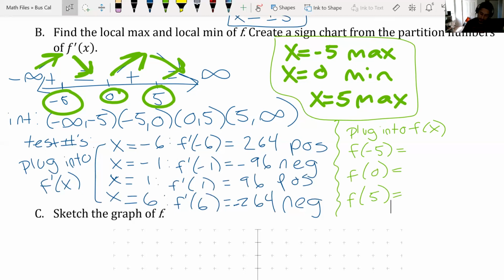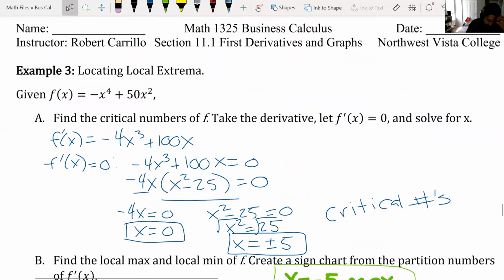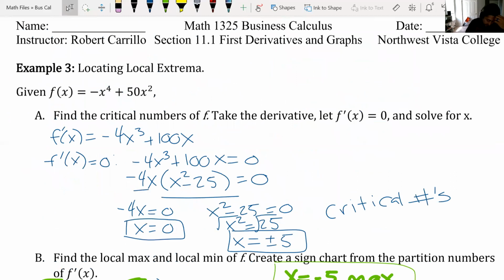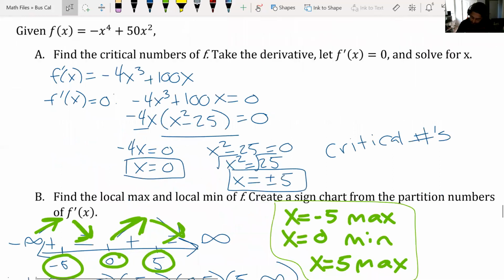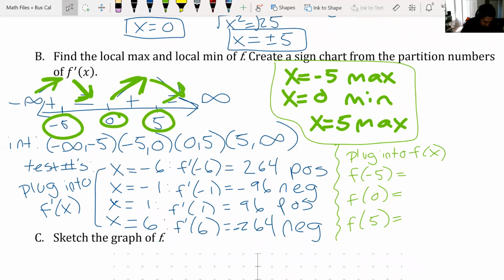Now I'm going back up to see the original function. I'm typing all this in my calculator: -x to the 4th plus 50x squared. Enter, enter, enter. Going back to my values, if I type in -5, I get 625. 0 should give me 0, and 5 should give me 625.